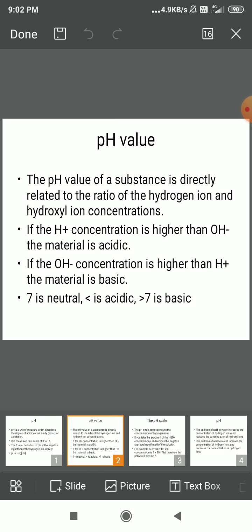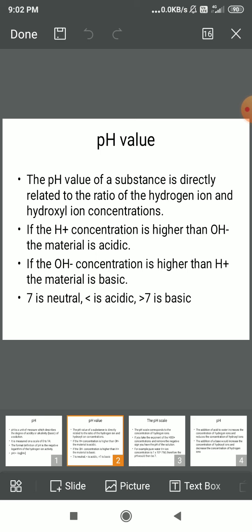Then pH values. The pH value of a substance is directly related to the ratio of hydrogen ion and hydroxyl ion concentration. If the hydrogen ion concentration is higher than OH, the material is acidic.